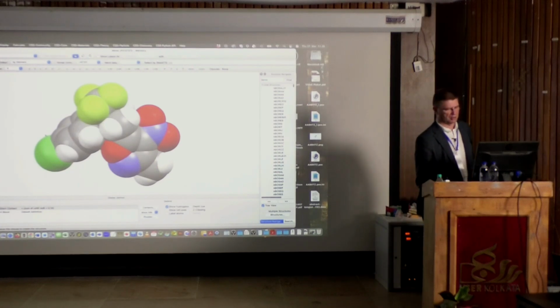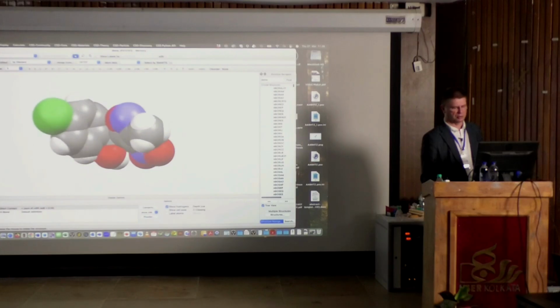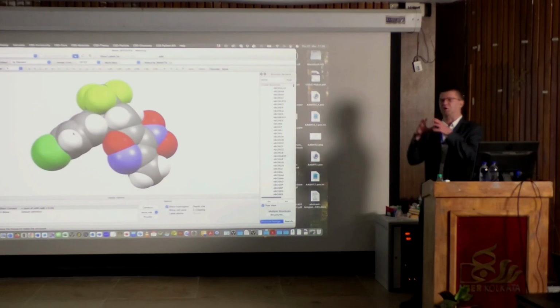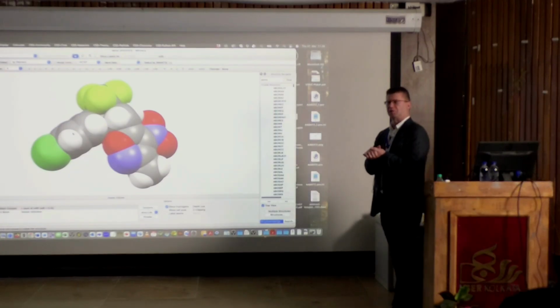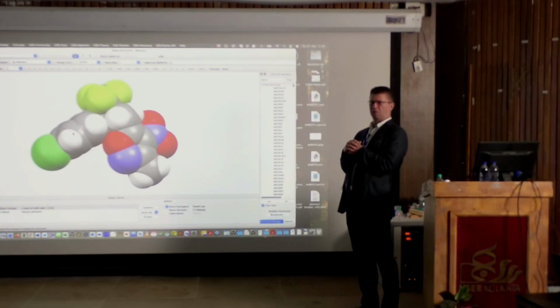And now when you rotate this molecule, it looks in essence the same as it was, but it's much thicker, it's bigger. And this is actually the volume which this molecule takes in the crystal lattice.